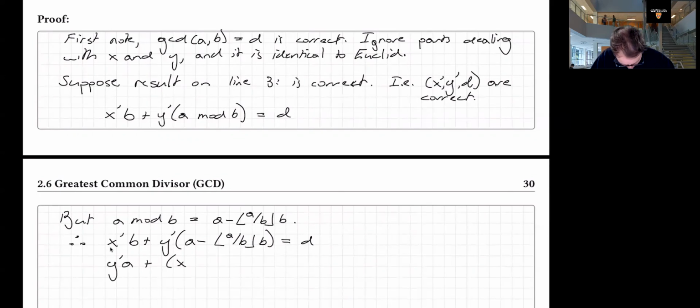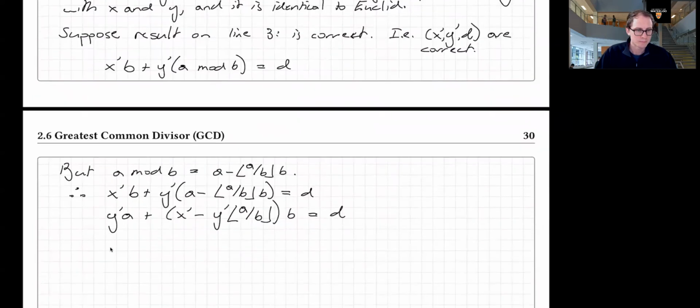It's X prime minus Y prime floor of A over B. And that all multiplies B. That equals D. And so this then is my X, and this is my Y, right?